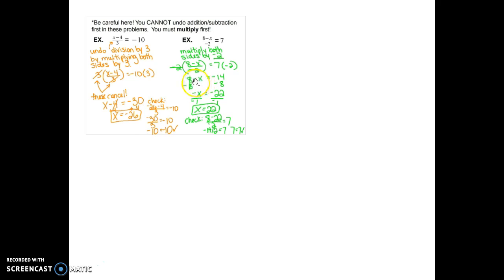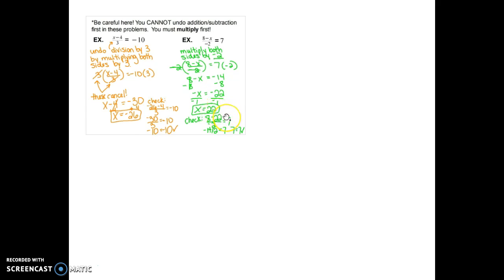Again, the sign in front of it always carries along with it. So my negative x drops down equals a negative 22. Now I have one more step here. Because I don't want to know what negative x is equal to, I have to get rid of that negative 1 that's technically in front of it. So I divide both sides by negative 1. Negative 22 divided by a negative 1 is a positive 22.